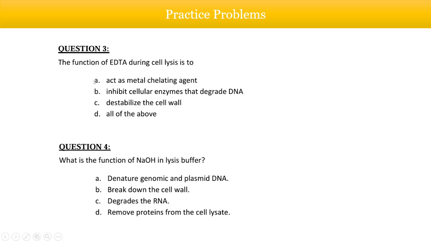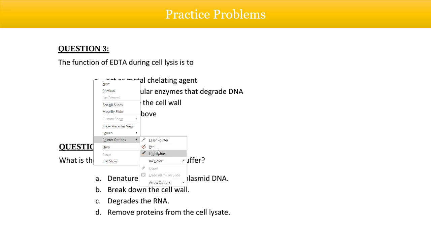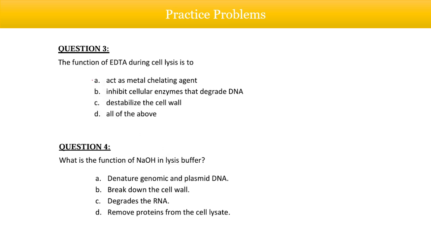It acts as a metal chelating agent. Yes, that is correct. It inhibits cellular enzymes from degrading the DNA and destabilizes the cell wall. So all three options are correct. So option D, all of the above.